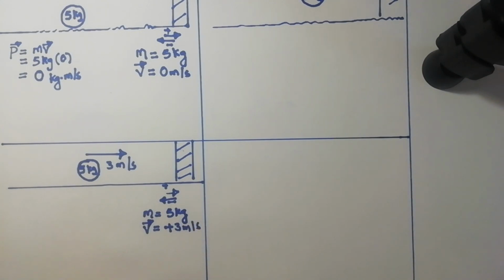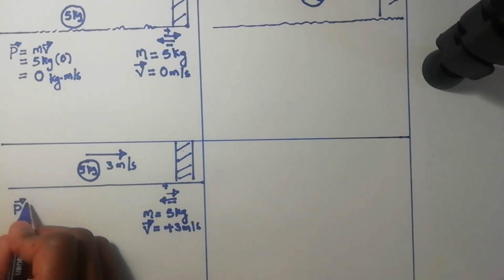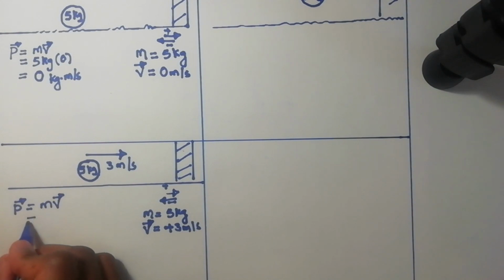Why positive 3 meters per second? Because velocity is a vector quantity. It has both magnitude and direction. Our direction is positive and our magnitude is 3 meters per second. Step number 3, we state the momentum formula: P equals mv. Then we substitute our values.